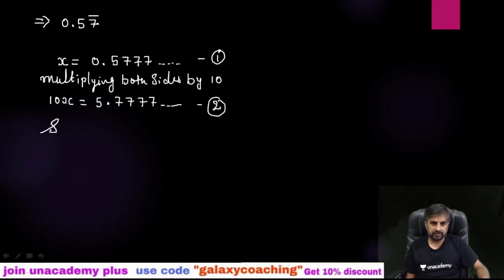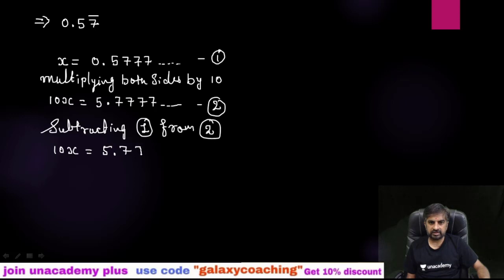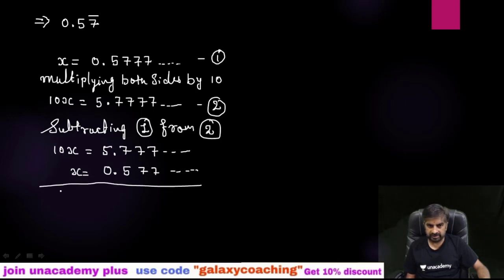Now subtracting 1 from 2. So what you will get? 10x equals to 5.777 and so on, and x is equals to 0.577 and so on.